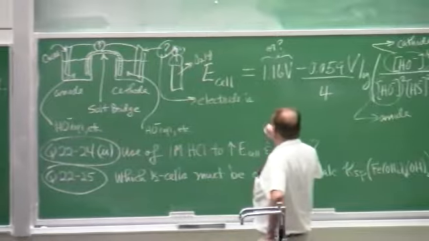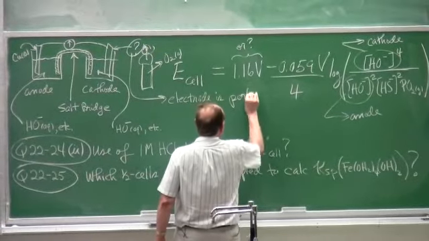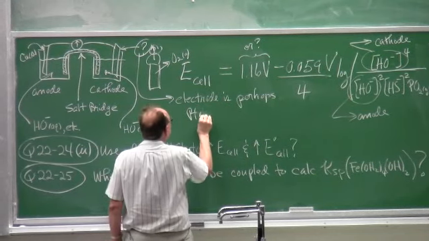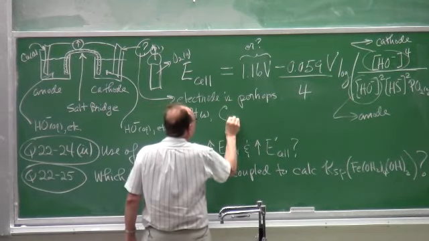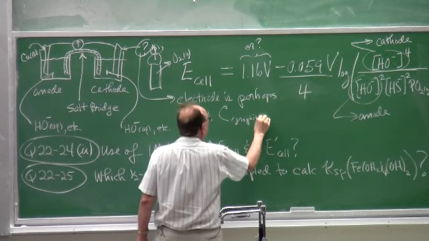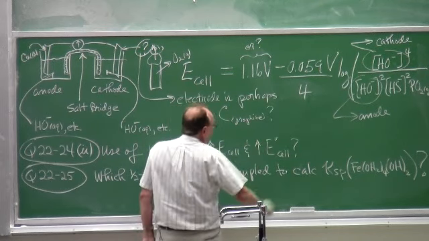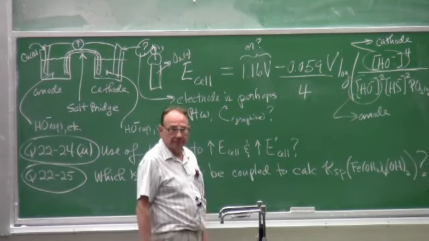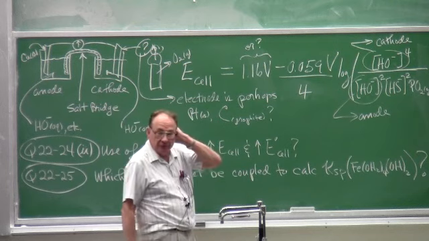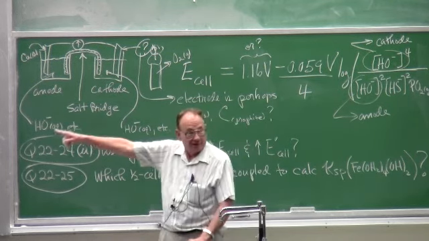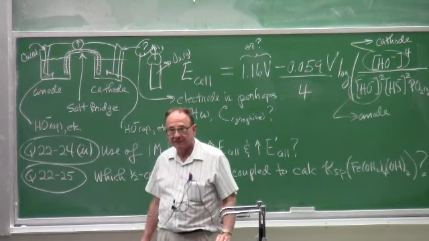So, all right, electrode is perhaps Pt, carbon graphite, silver bar would probably work for this, as long as that silver bar doesn't touch this sulfide ion stuff.